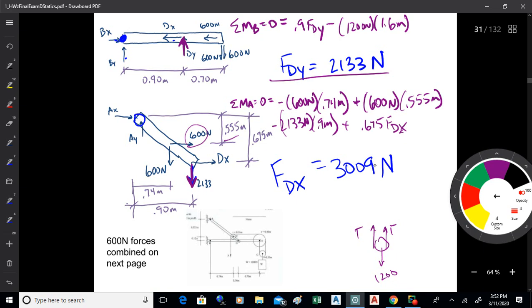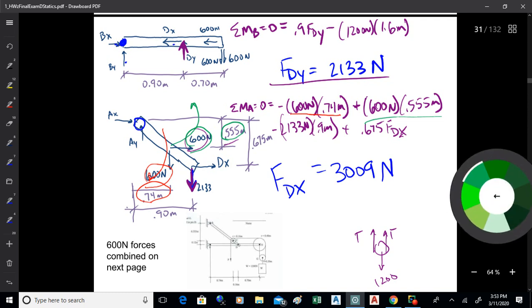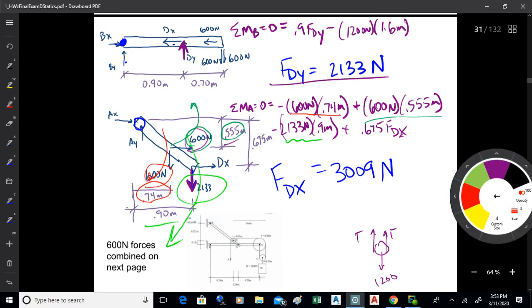So the first one I've got is this times 0.74, that's clockwise, so it's minus. Then I've got plus this one times its moment arm of 0.555. That's plus because it's counterclockwise here. And I've got this one here, which is the 2133 times 0.9 clockwise. And then one more, the Dx times 0.675 counterclockwise positive.